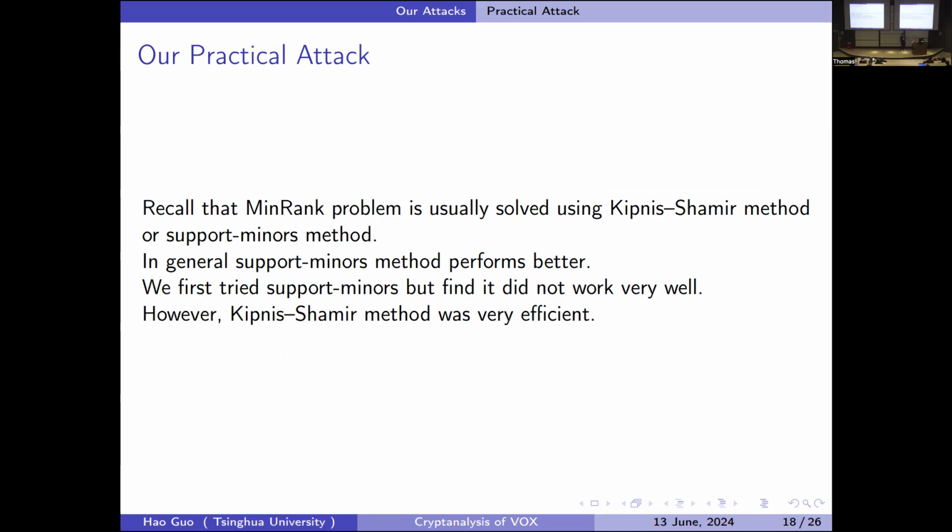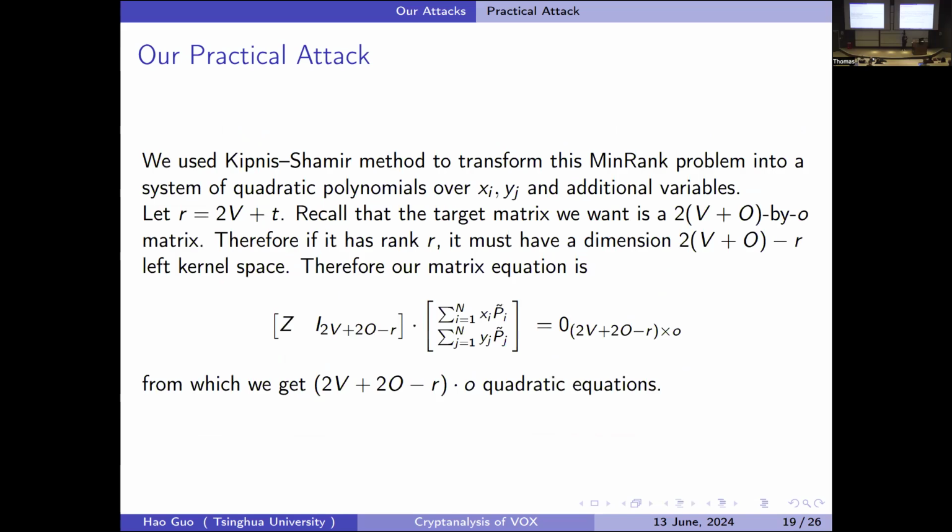However, we first tried to use support minus, but it did not work very well; the memory just blows up. However, the Cryptanalysis method was very efficient, and we use it to make a practical attack here.